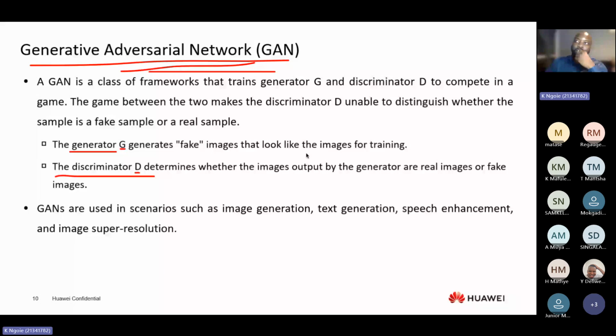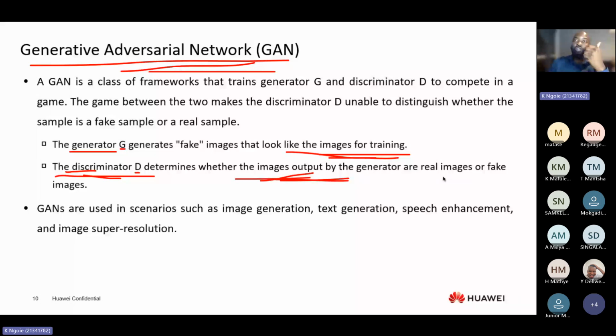Let's say your pictures are pictures of cats. It's going to generate fake pictures of cats. And now the discriminator is going to try to determine whether the image that was provided is real or fake.